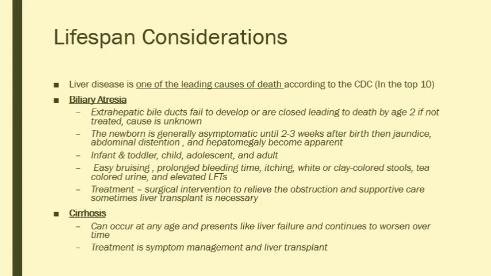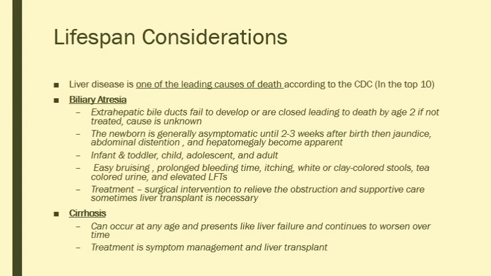The cause is unknown. Generally, the newborn is asymptomatic until 2 or 3 weeks, and then they start having jaundice and abdominal distension, and then hepatomegaly becomes apparent. It affects the infant, the toddler, and the child and adolescent. But with this specific biliary atresia, the child will die if this is not corrected, so very prompt.